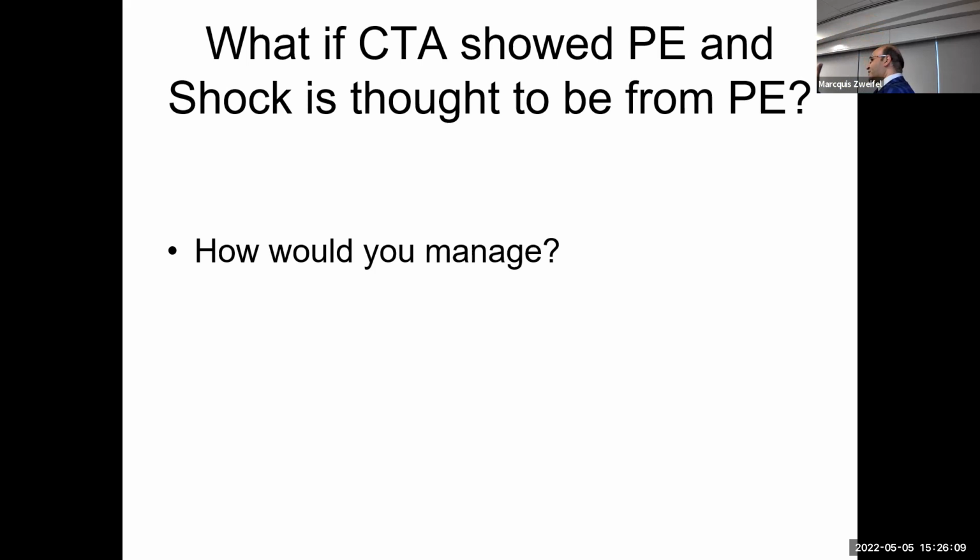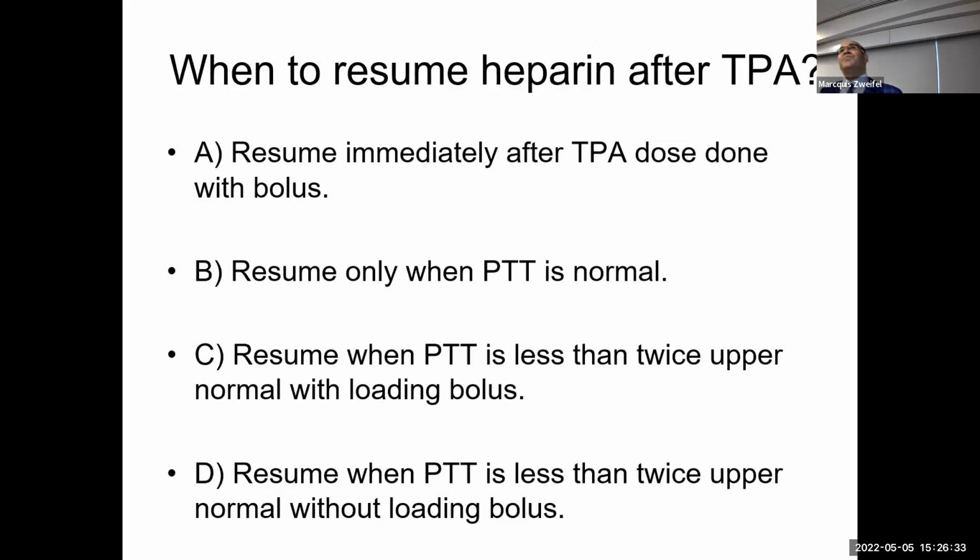So if you have shock from PE, okay. But if your patient is in septic shock and you think his hypotension is from the shock, and you find DVT or PE on CT angio, you shouldn't give the lytic. Give the lytic only if you think the shock is from the PE. Make sense? What's the major problem with the lytic? Bleeding, right? So resume immediately.